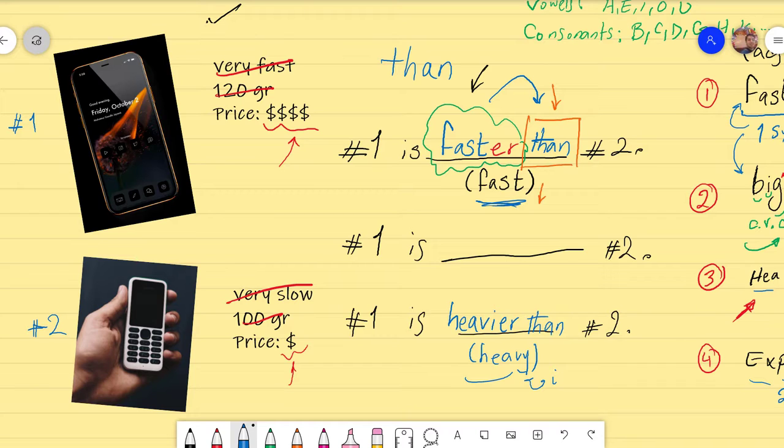Okay, so I say number 1 is more expensive. More expensive, then I need this word. Very good. More expensive than number 2. Number 1 is more expensive than number 2. Perfect.